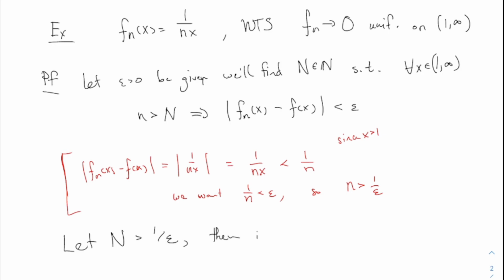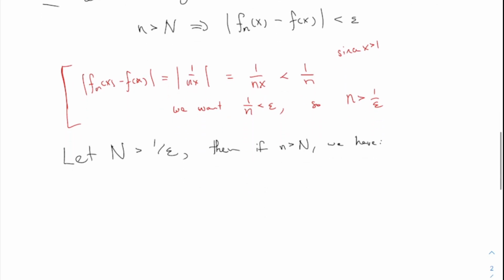Then if n greater than big N, we have this equals 1 over nx, which is less than 1 over n, which is less than epsilon, right?